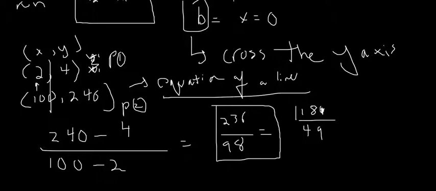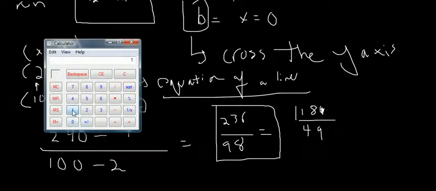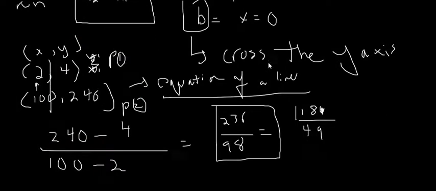Can this be divided by 2? No, because we have a 9 here. Can it be divided by 3? 118 divided by 3 gives a decimal. So basically, this is the smallest it can go, and this is your slope, right?